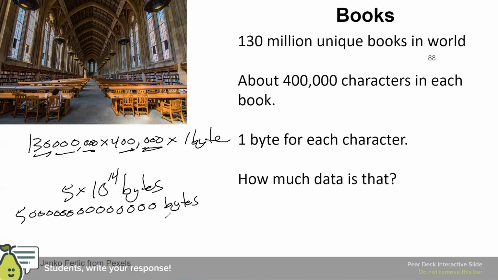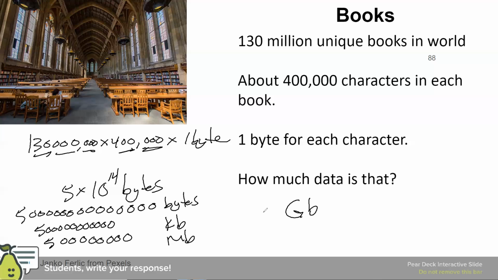How many bytes go into a kilobyte? 1,000. Yeah. So now I've got 1, 2, 3, 4, 5, 6, 7, 8, 9, 10, 11. That's kilobytes. Let's do megabytes. Well, that's a million, so that's 10 to the 6. That's instead of 11, we're down to 8. Let's go to gigabytes.